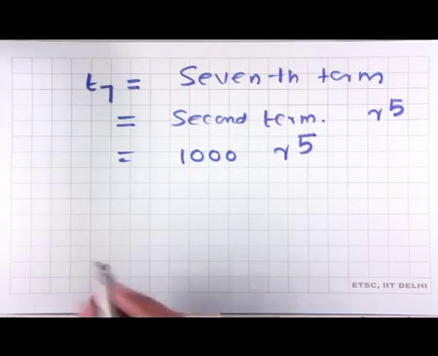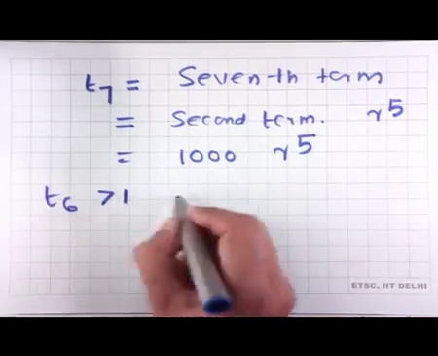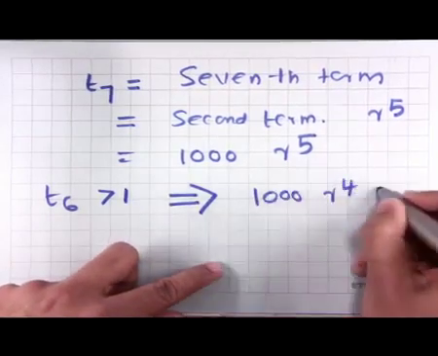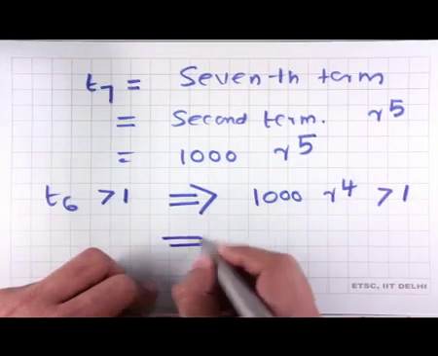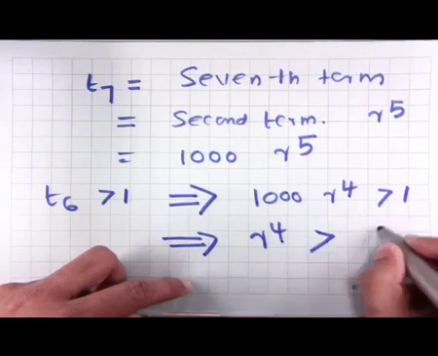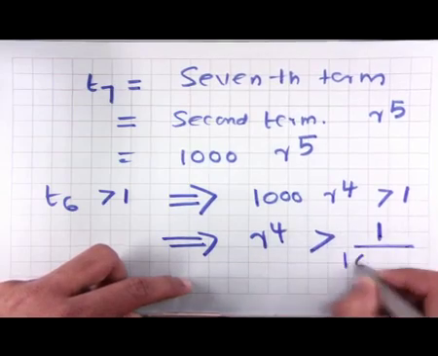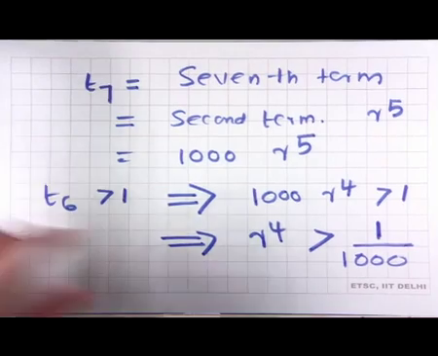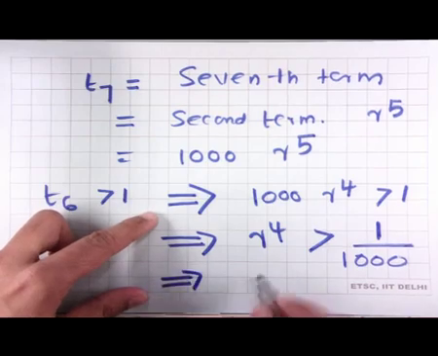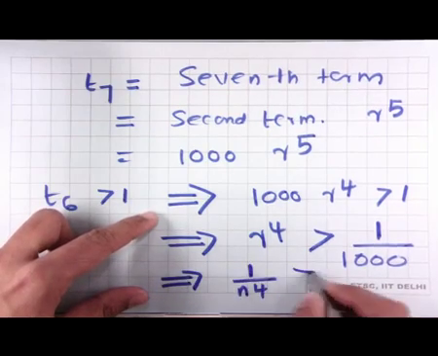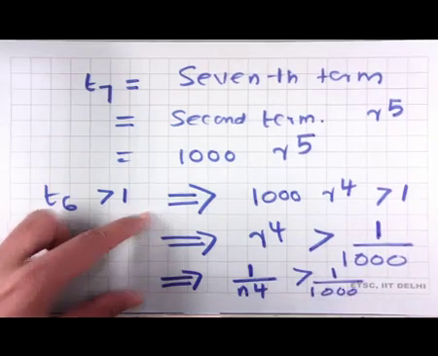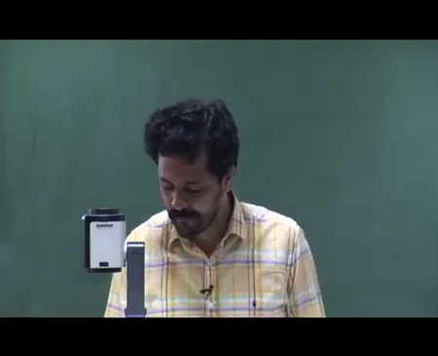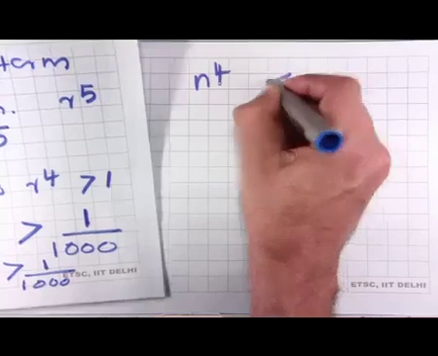Thus, T6 greater than 1 translates to 1000 R power 4 greater than 1, that is, R power 4 is greater than 1 by 1000. Recall that the common ratio is 1 by n. Therefore, this implies 1 by n power 4 is greater than 1 by 1000. Taking reciprocal, this gives n power 4 is less than 1000.